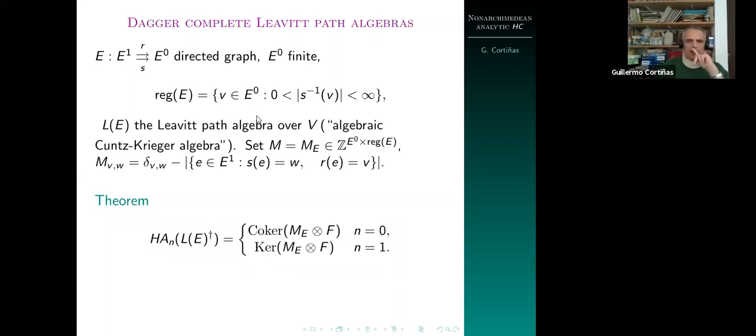And let me point out that if you look at the Cuntz-Krieger algebra of E and take its Banach algebra K-theory, then you get the same thing except for the F. So here's my remark: if you take the K-theory of the Cuntz-Krieger algebra of B, take its K-theory tensor with F, then you get exactly the same.